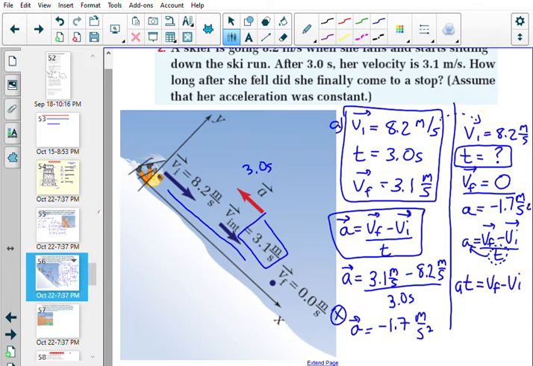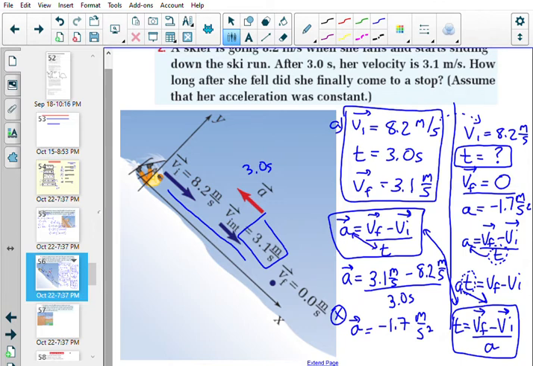I'm still trying to get t by itself and upstairs. So I'll take A, which is multiplied by t, and I will take it down. So to get the time, you're going to do VF subtract VI over A. So effectively, if you compare this formula and that formula, you can just take the t and a and switch places next time you want to do a question like this and solve for time.